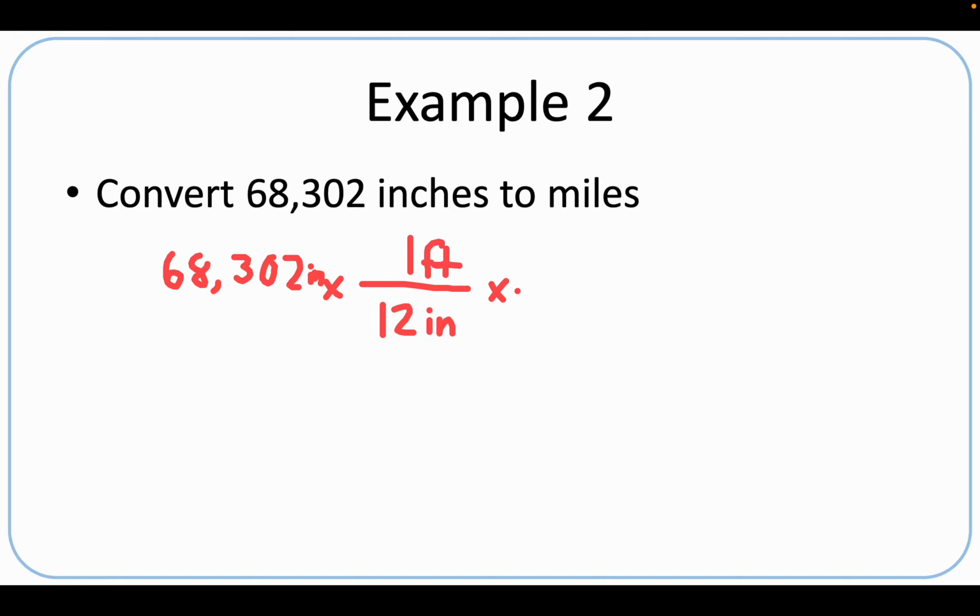And then how many feet in a mile? 5,280 feet per mile.